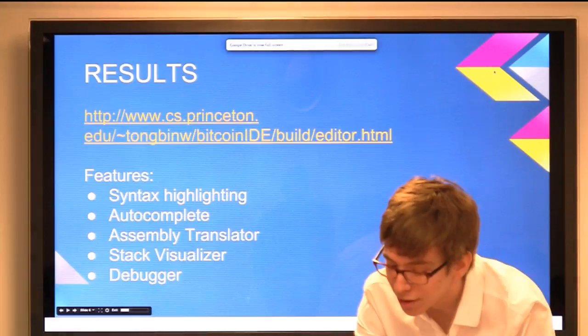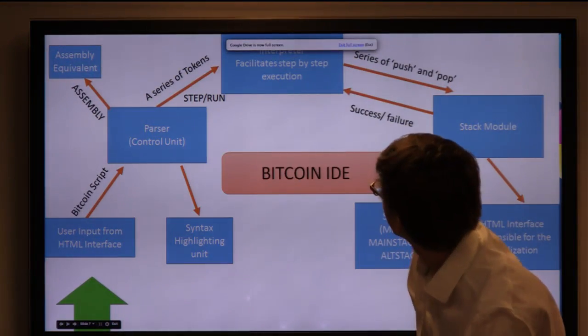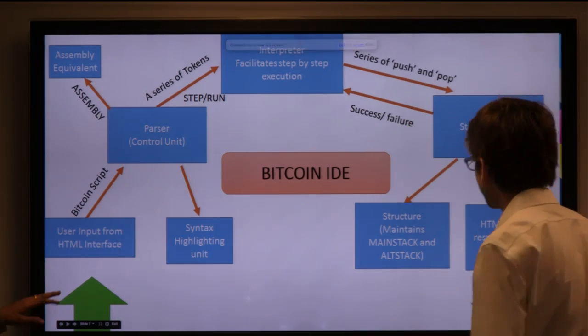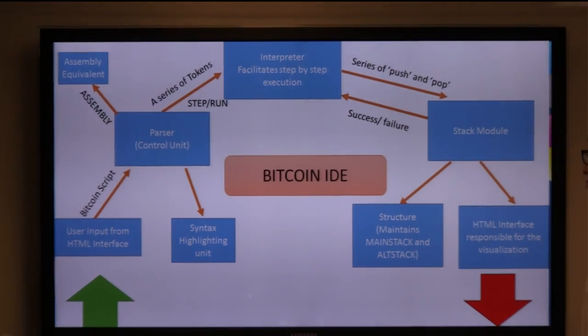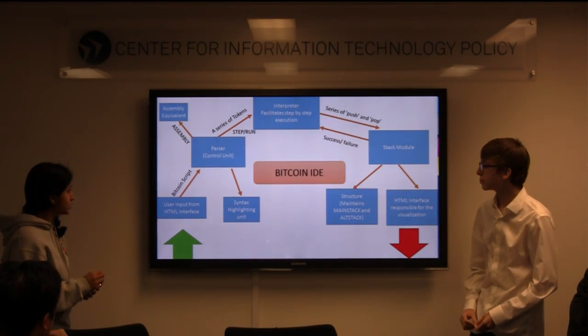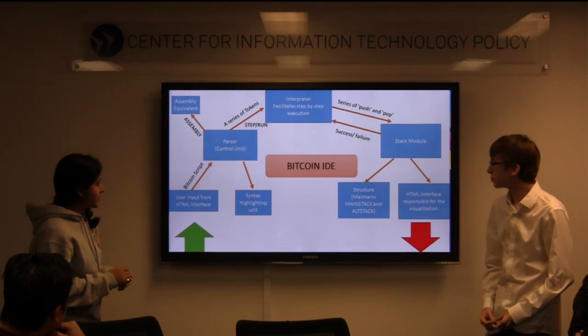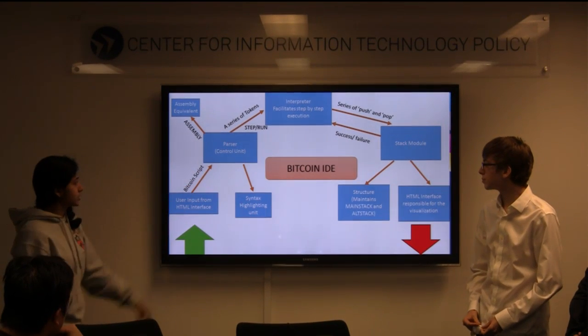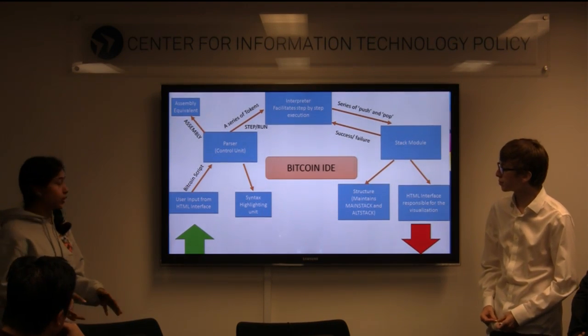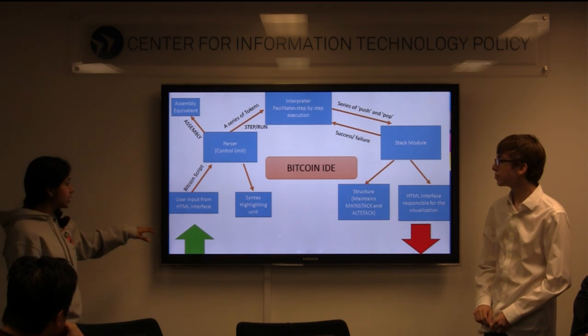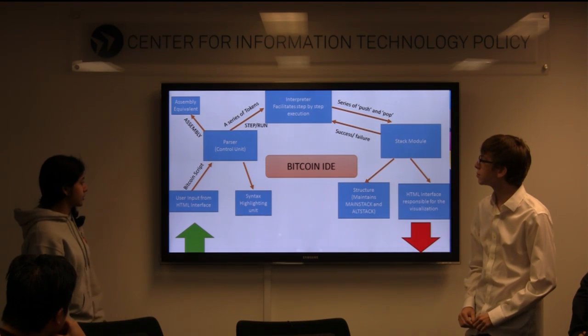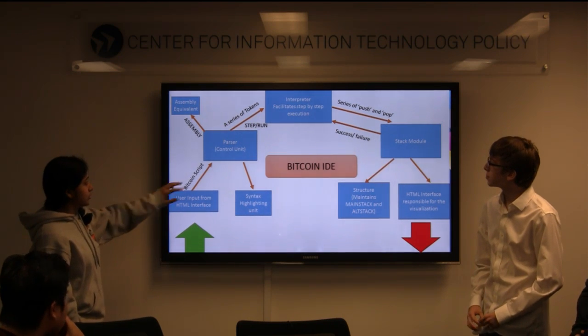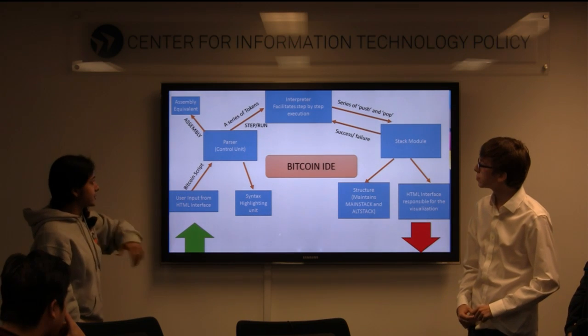I'll talk about the architecture of the solution. This is a high-level picture of the different modules that we use to implement this. The central unit is the parser, which generates a series of tokens from the user input. The user input comes from the HTML interface, and then the parser sends out a series of tokens.